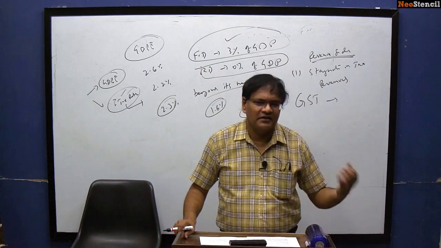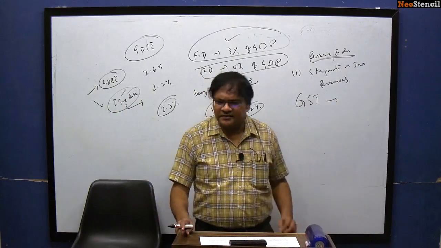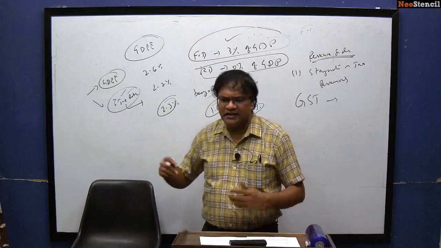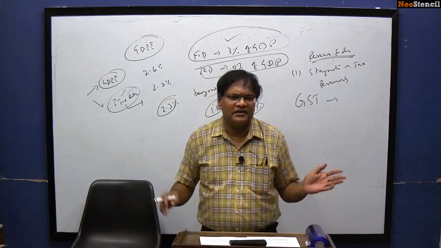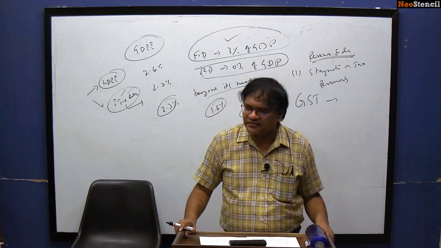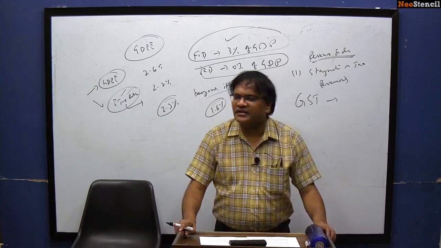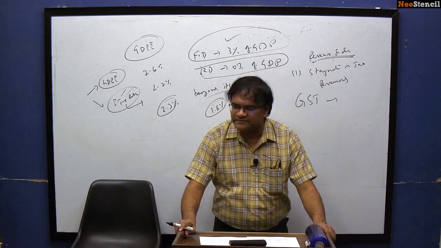The government thought that it would compensate for loss in tax revenues by increasing tax rates. And similarly, in case of indirect taxes, the government started imposing so many taxes on imports, customs and excise duties. And not only that, the government also increased taxes on petroleum products in the budget.